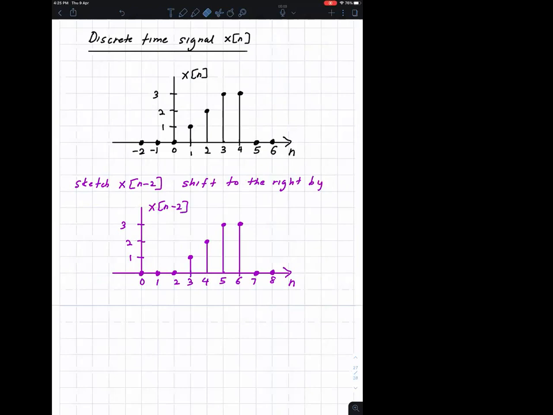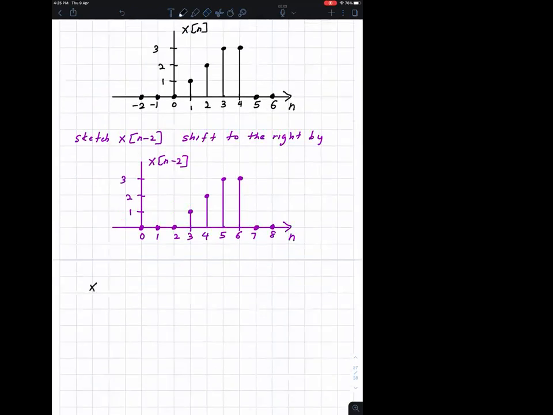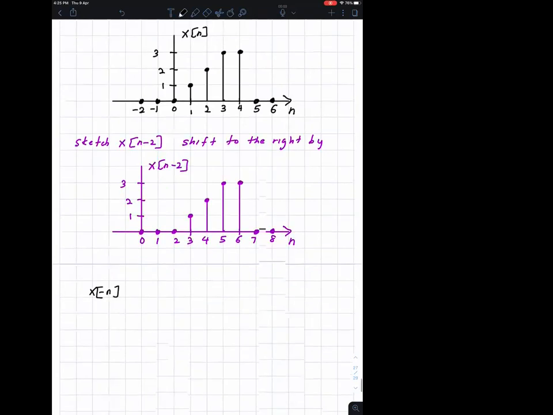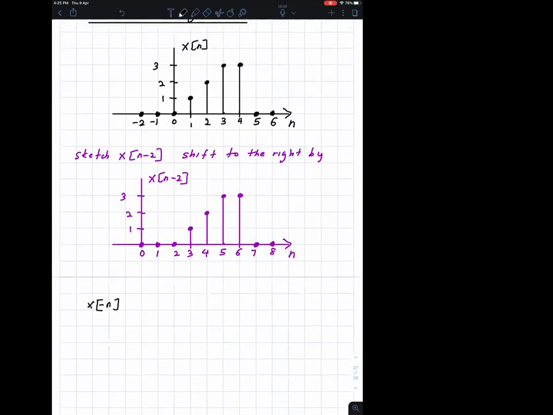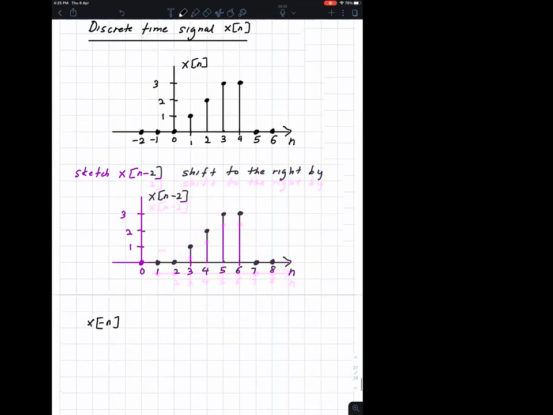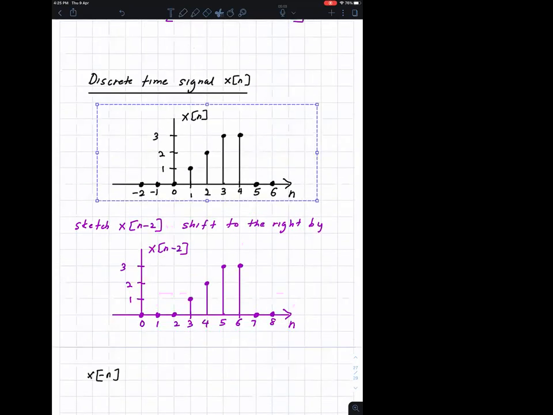Maybe I'm not going to do this because I want to do x(minus n). You just take the n down here for reference.